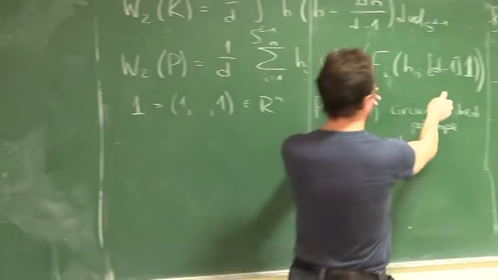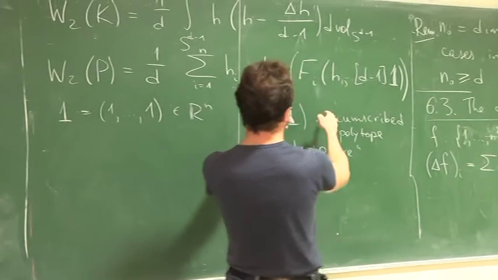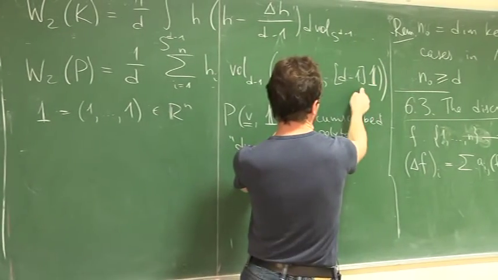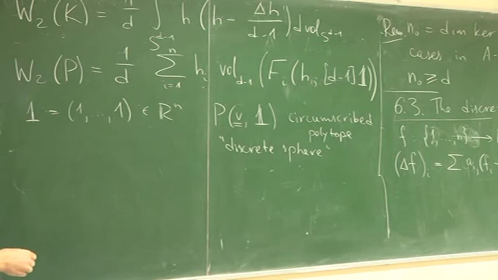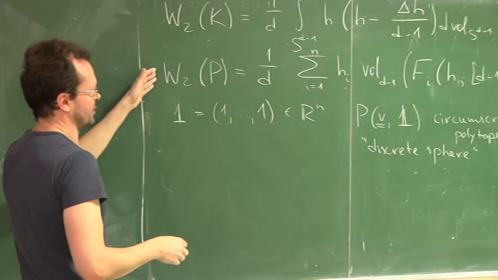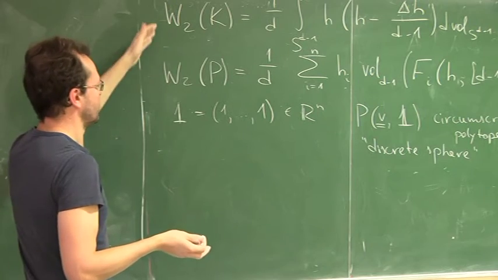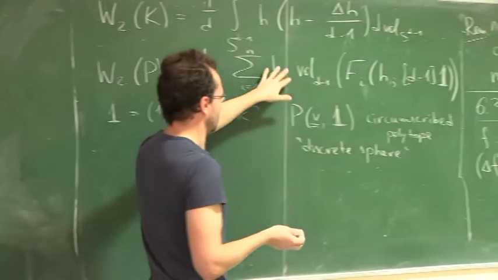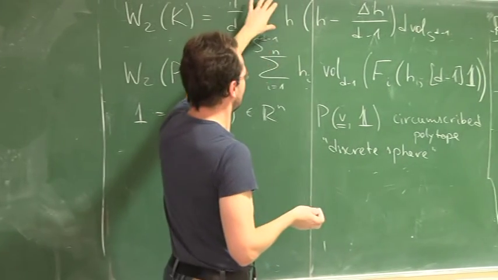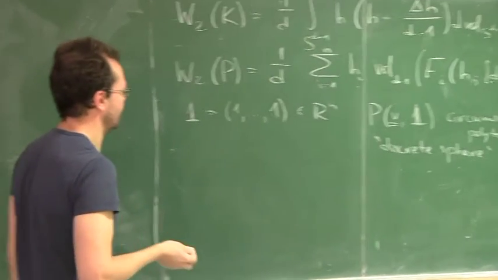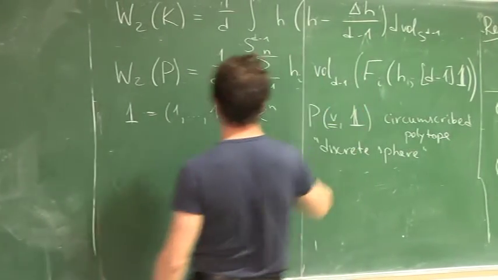So what is here is a mixed d minus 1 dimensional volume of d minus 1 copies of the ball and 1 copy of the polytope P. Good, but then just by analogy, as Steiner did, he also did it first by analogy, if you look at these two formulas, then we can define this to be a discrete inner product of h and a certain function of h.